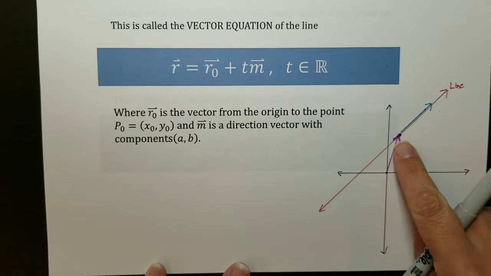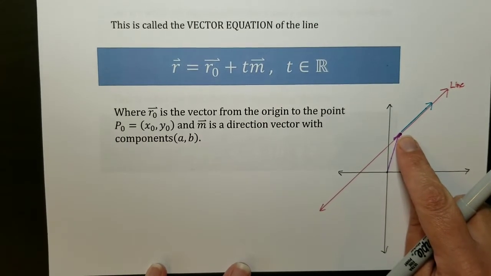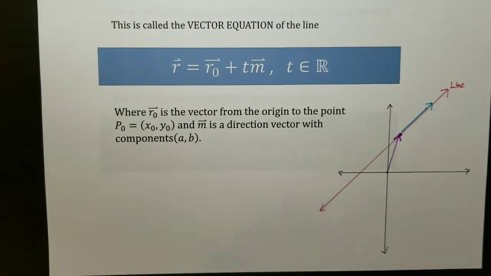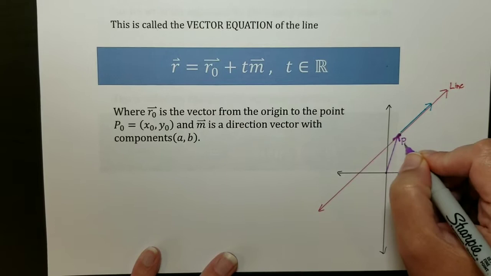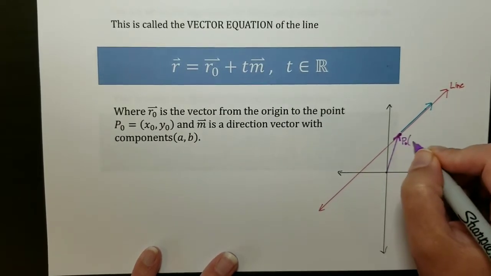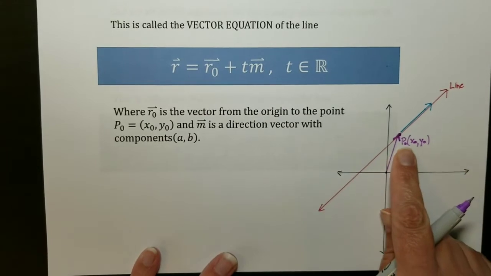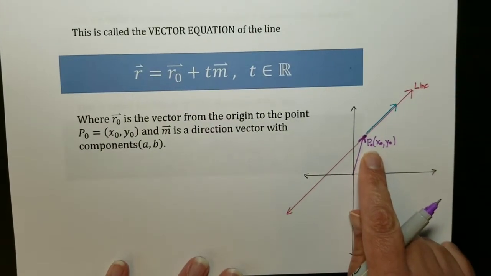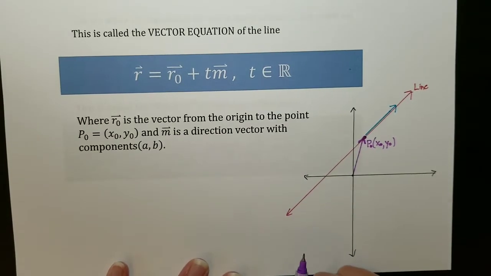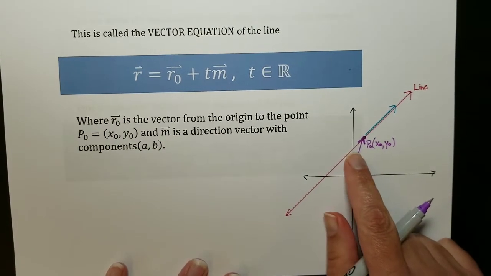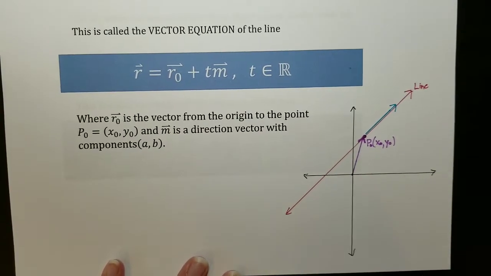So if the purple vector gets you from the origin to a point on the line, so one single point, so this is going to be point P naught. The little 0 there is sometimes called a naught, and it means like an initial. So that gets me to some initial point on the line.